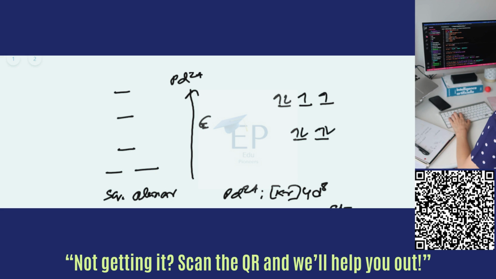So if the complex you're given here was tetrahedral, we should have two unpaired electrons, and two unpaired electrons means the complex should be paramagnetic.